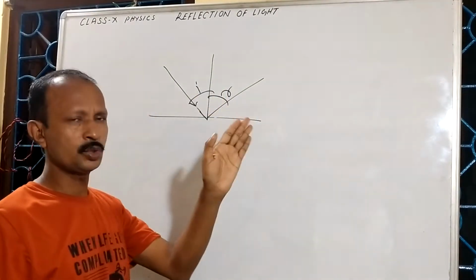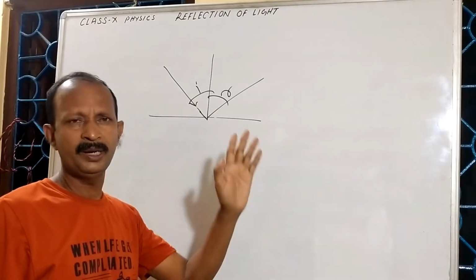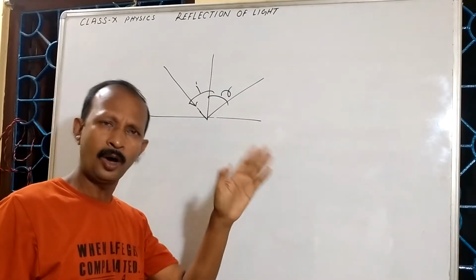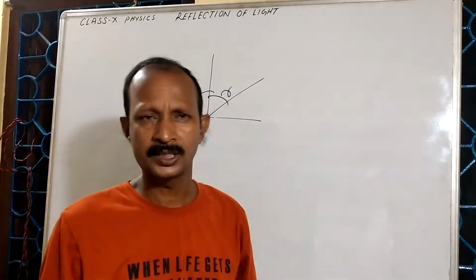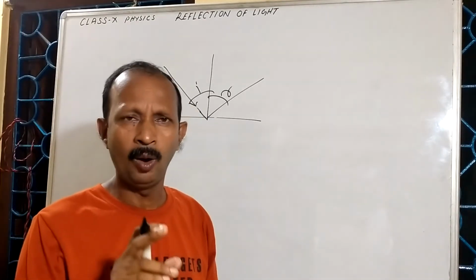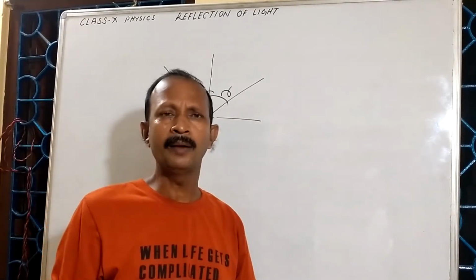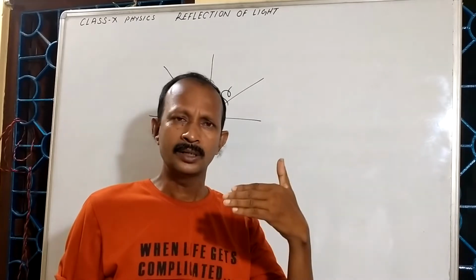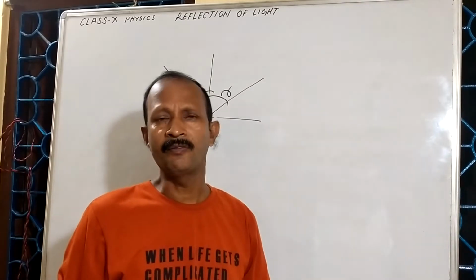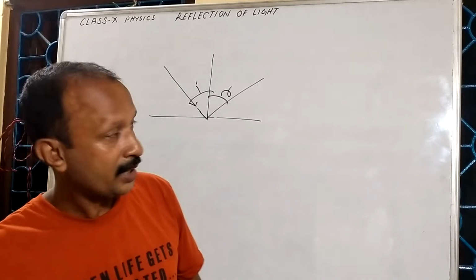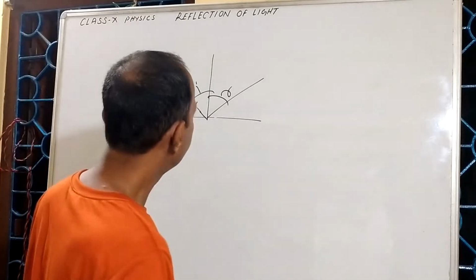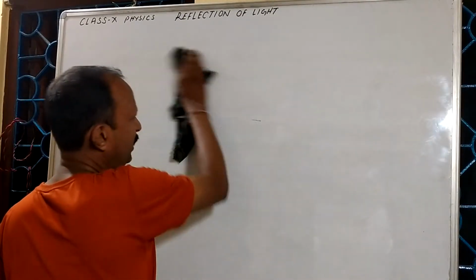The surface, whatever it may be, plain surface or rough surface, does not matter. In all cases, the angle of incidence equals the angle of reflection. This was the matter I explained in my previous video.